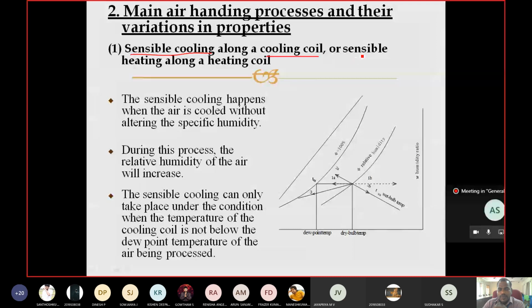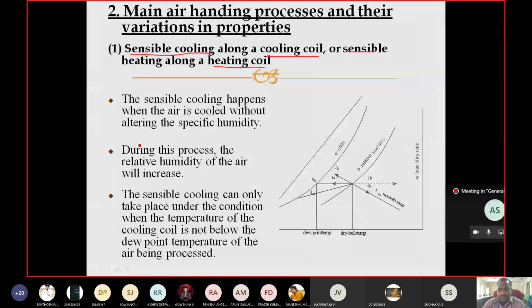If it is passed through the heating coil, we get sensible heating. Sensible cooling happens when the air is cooled without altering the specific humidity. So we need to keep the specific humidity constant; only then can we get sensible cooling and sensible heating.